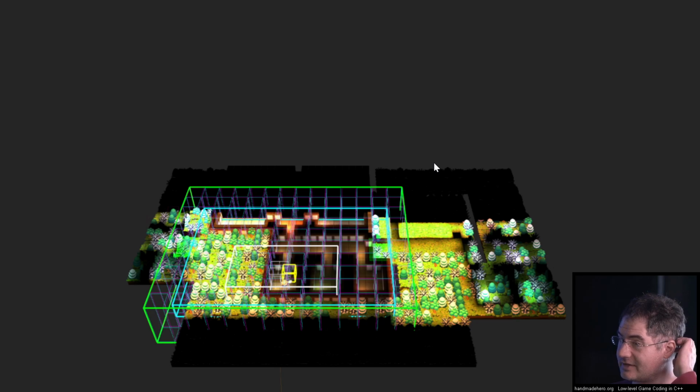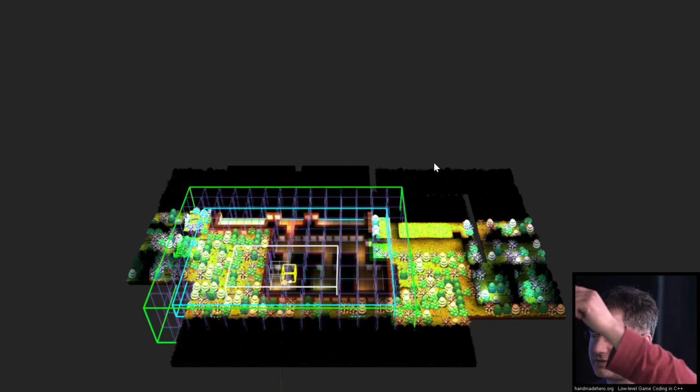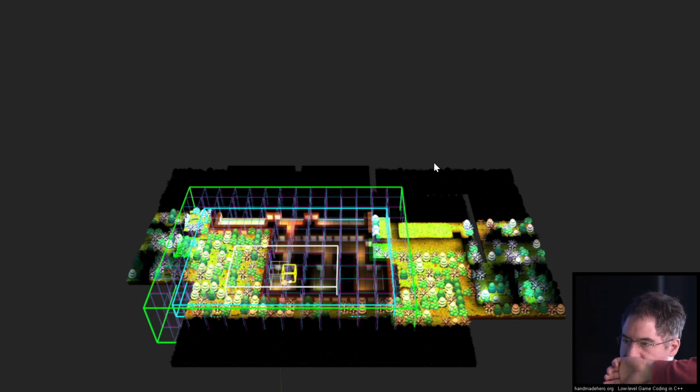So whenever we do that sampling, we're going to have to clamp, right? We're going to have to say, if you've left the bounds, then you stop, and you wouldn't sample that ray.